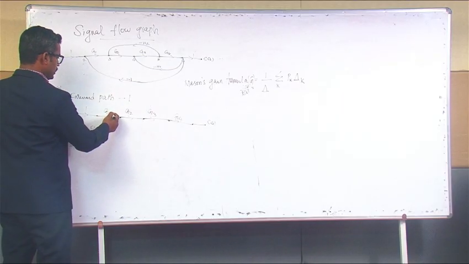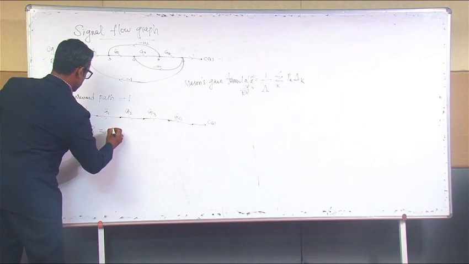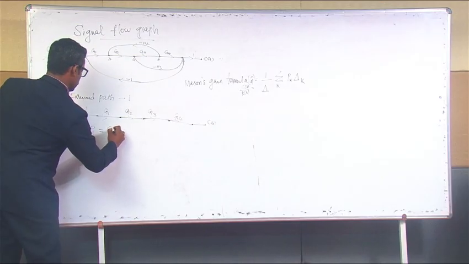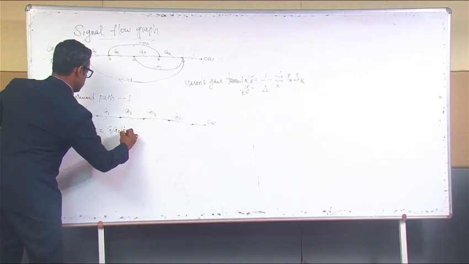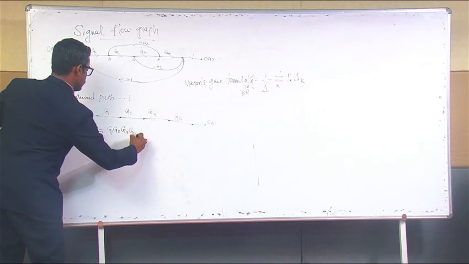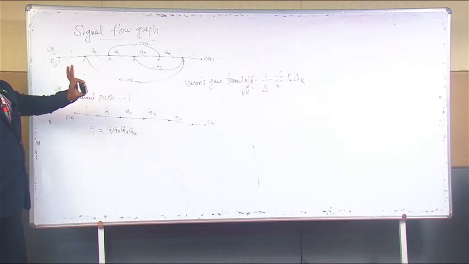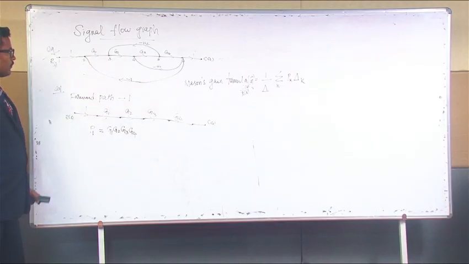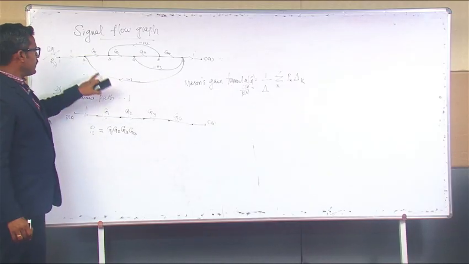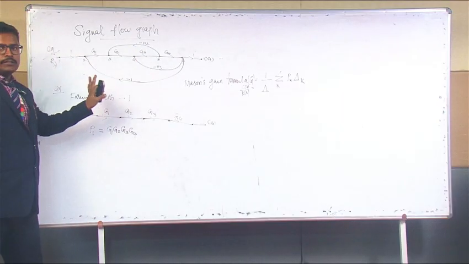So 1 into G1 into G2, G3 and G4. So you will get G1, G2, G3, G4. This is the only forward path present in this signal flow graph. No other forward path direction is present here, so it is a very simple graph.